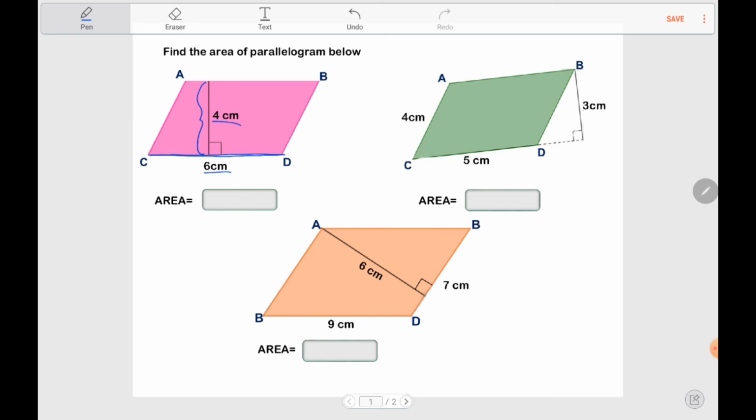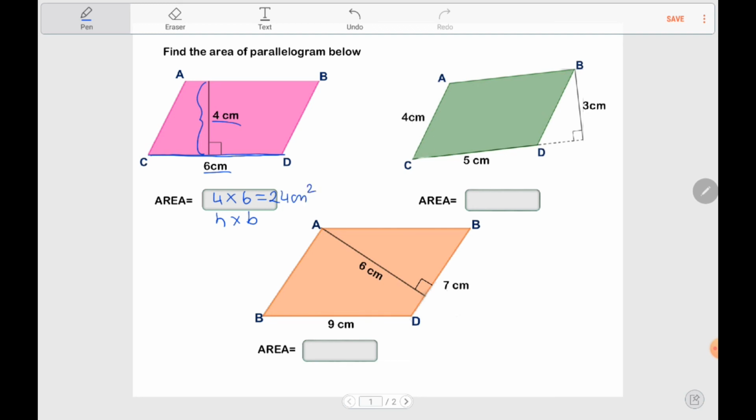And we know that the area of a parallelogram is equal to height times base. So, the area is equal to 4 centimeters times 6 centimeters, which is 24 square centimeters.